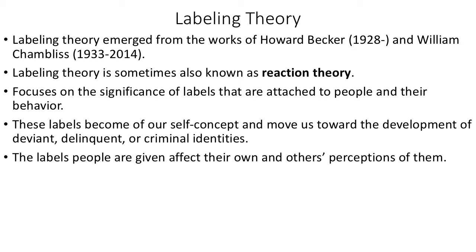So I act a certain way and people define that behavior, they label that behavior. Secondary deviance would be where I now internalize this behavior. It becomes part of my identity. I get labeled as a criminal, let's say, or I get labeled as a delinquent, and I incorporate that label into my own identity. I start to see myself that way.